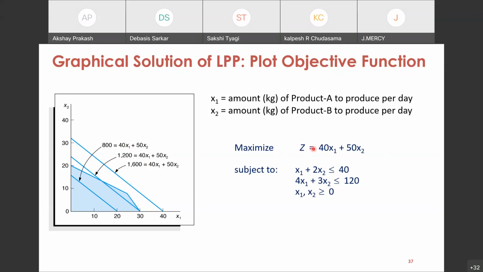So if I consider z equal to 800, this line will pass through x1 equal to 20, x2 equal to 0, and x1 equal to 0, x2 equal to 16, so that it is 800. After you have identified this point and this point, draw this line. So this line will be the objective function line corresponding to z equal to 800.